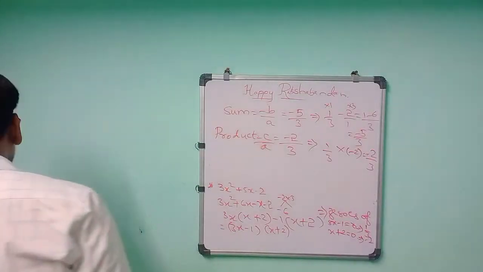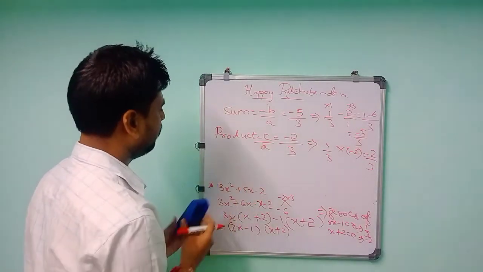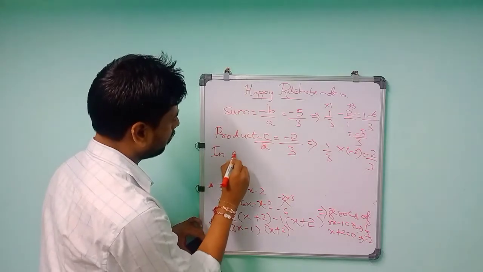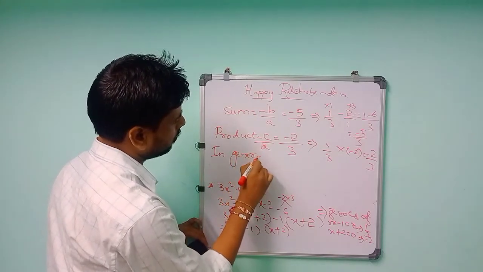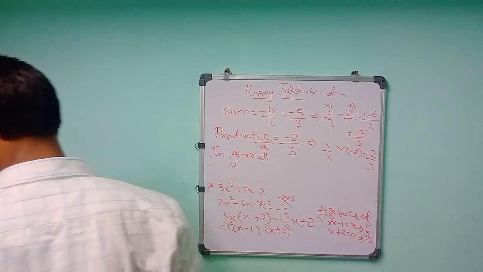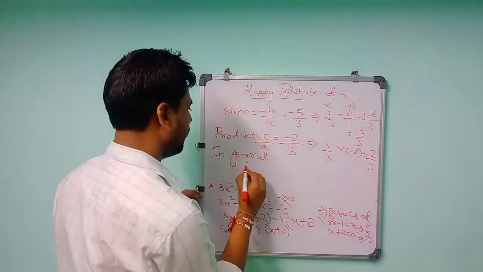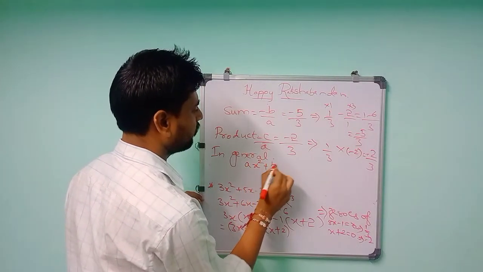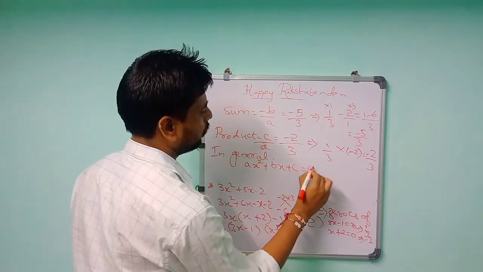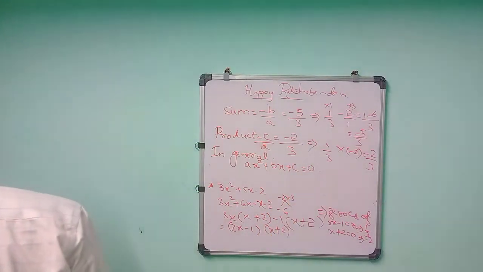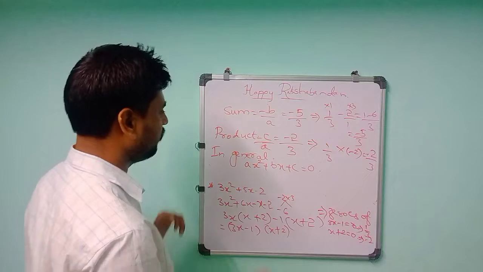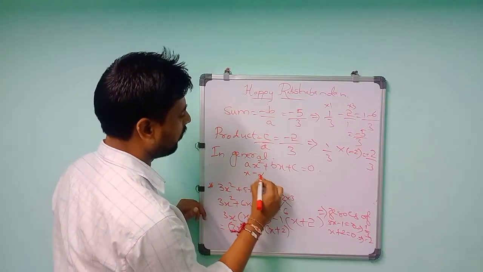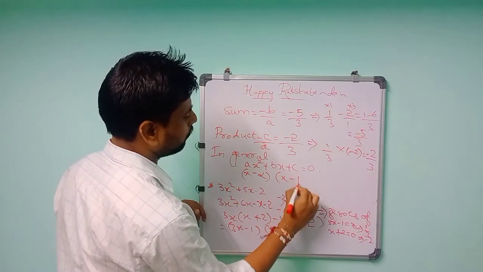So in general, if you take the polynomial ax square plus bx plus c equal to 0, then the factors will be in the form of x minus alpha and x minus beta.